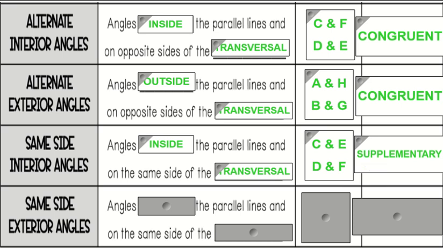All right, same side exterior angles, just like with the alternate ones. These are angles on the outside. And they're on the same side of the transversal since they're same side exterior angles.